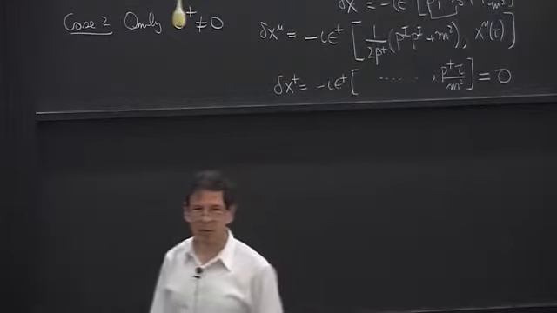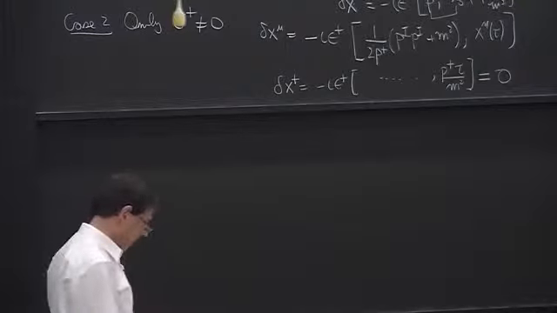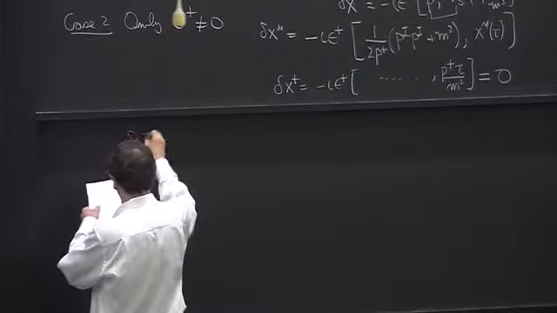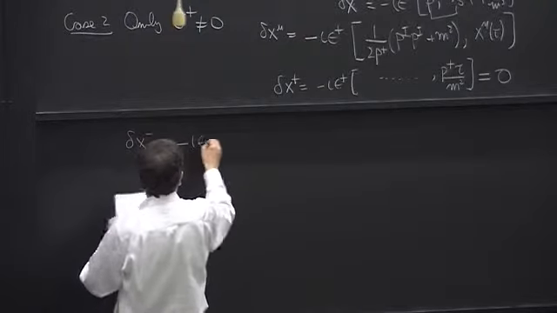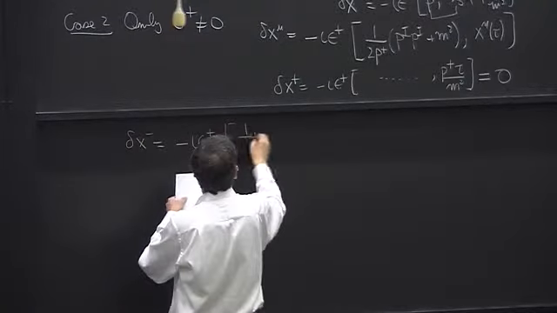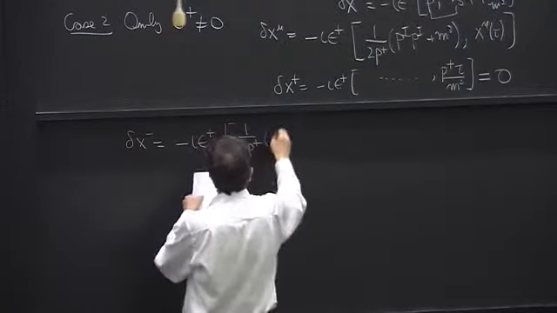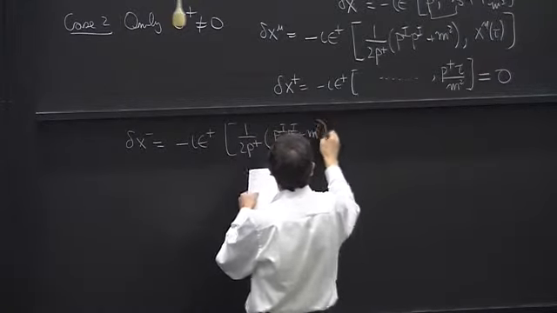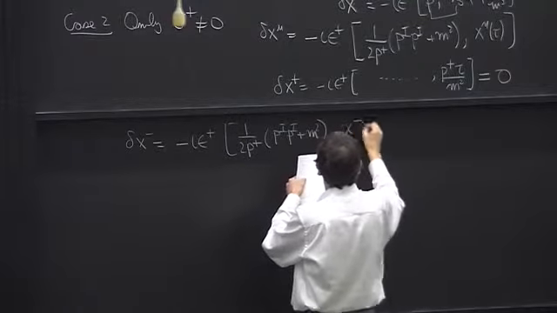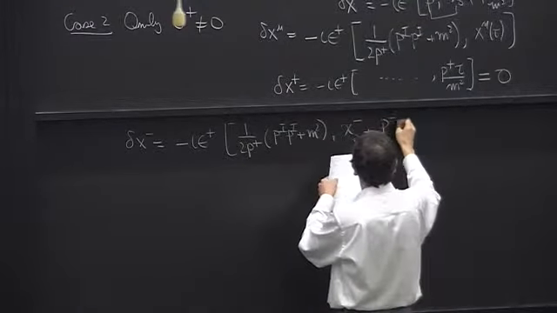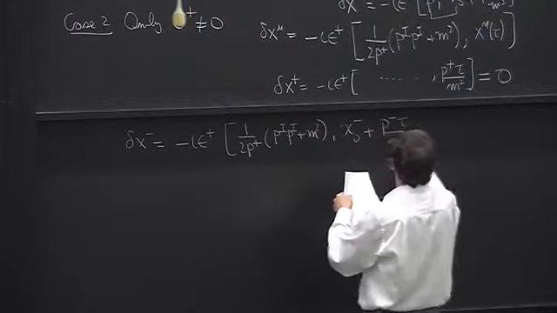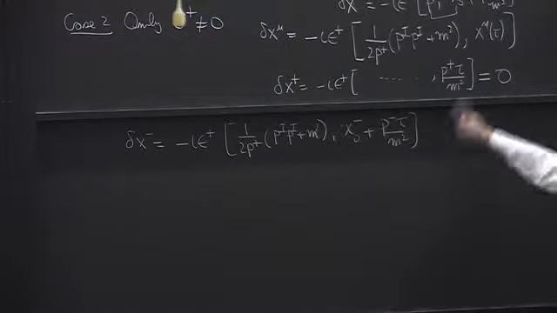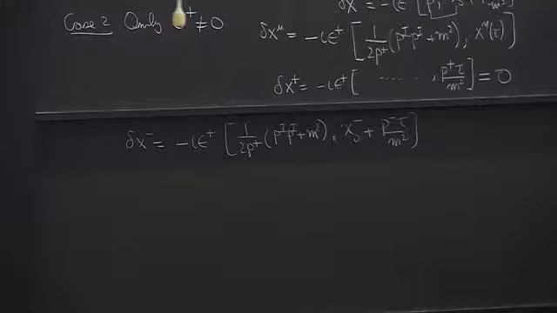Doesn't seem to be translating. Okay. Let's do delta x minus. It's minus i epsilon plus 1 over 2 p plus, pi pi plus m squared, with x0 minus plus p minus tau over m squared. So we've put x minus there. And this one should be 0.